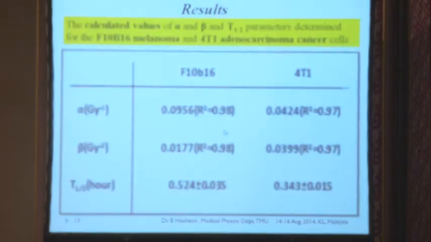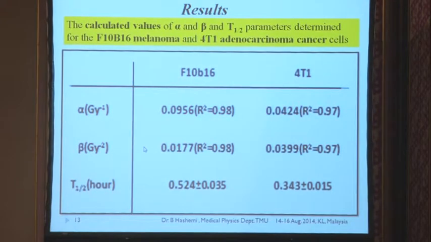From these curves, we calculated all the parameters needed in those equations I showed you, including alpha, beta, and the half time for sublethal damage repair. Whenever these parameters are lower, it shows that the cell line is more sensitive, and the 41 breast adenocarcinoma is more sensitive than the melanoma.